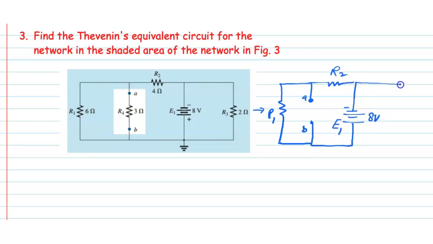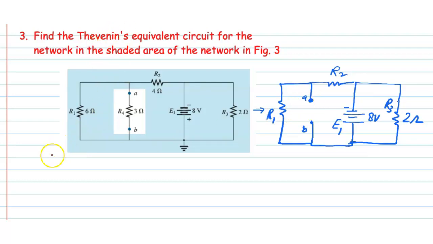There is another resistance connected here, the value of this resistance is 2 ohm and it is R3, and this is R1. Okay, now calculate the Thevenin voltage.